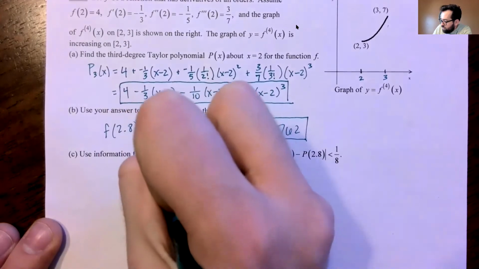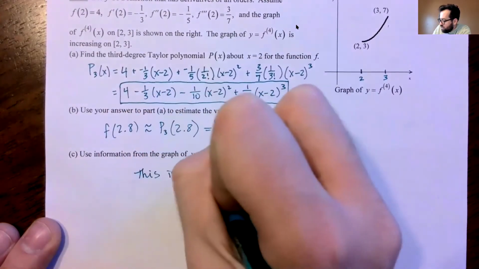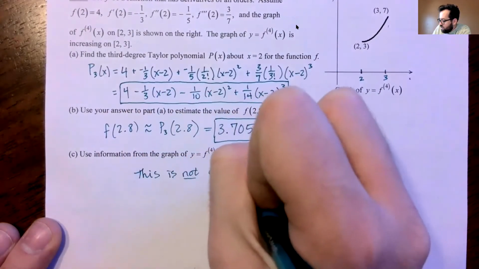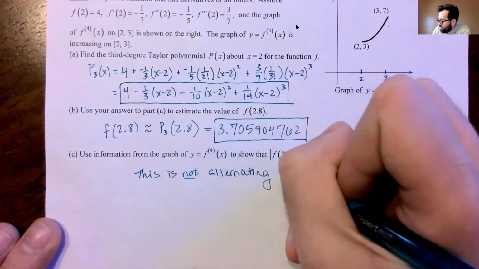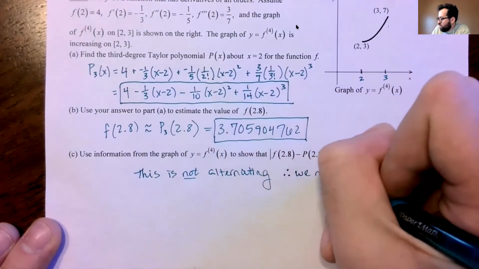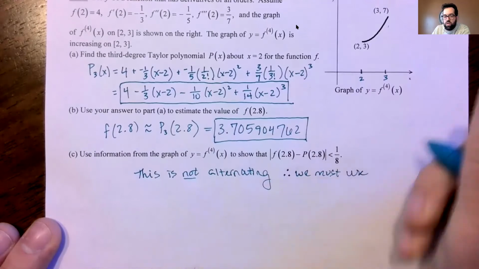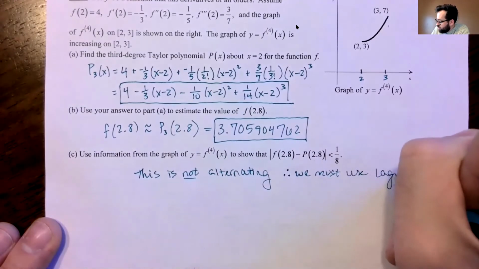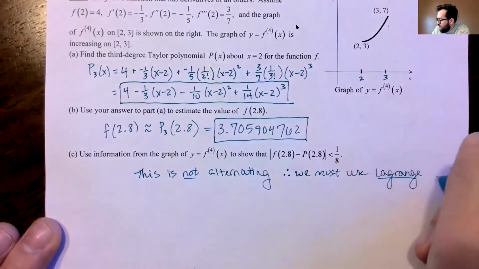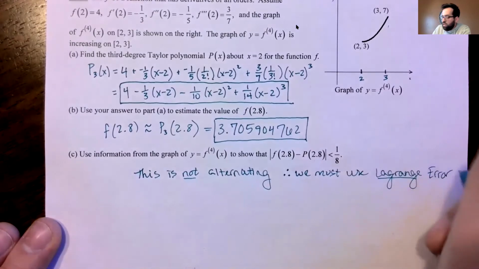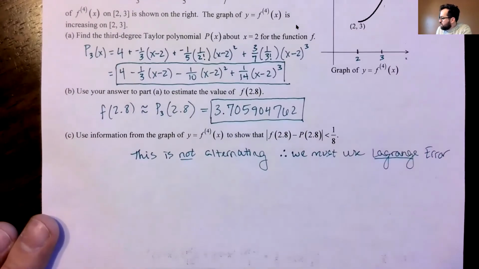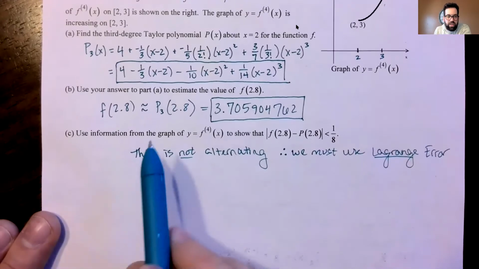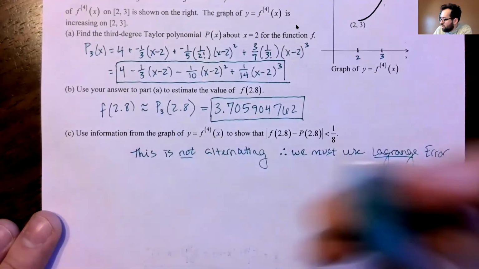So let's write that out. This is not alternating. Therefore, we must use Lagrange error bound. Okay, so let's see what we've got. We've got the third degree Taylor polynomial.